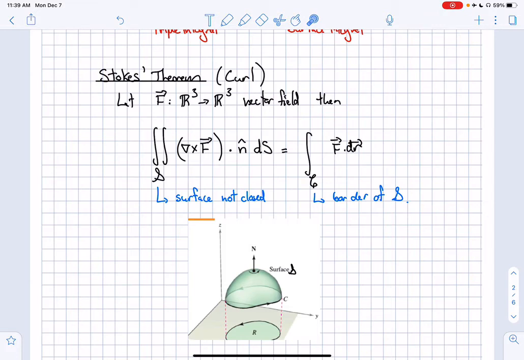And what Stokes' theorem, which is the curl version, says is that if I move along C, that border, and I sum all the contributions of the component of F in the direction of the curve, then this is like summing the curl of F in the direction of the normal vector.